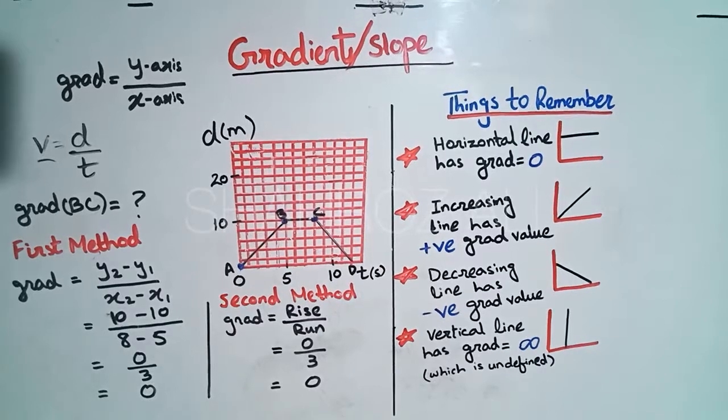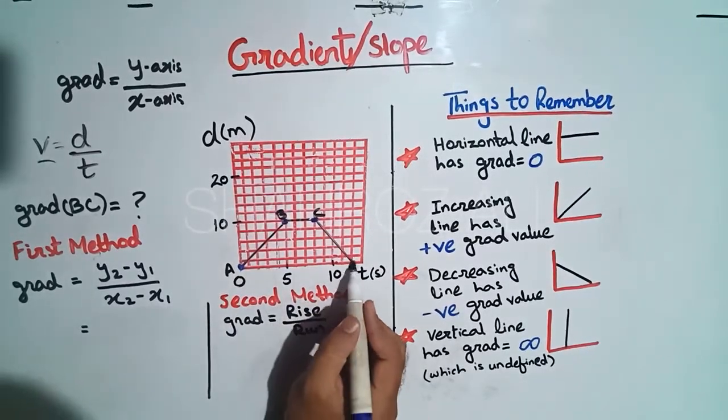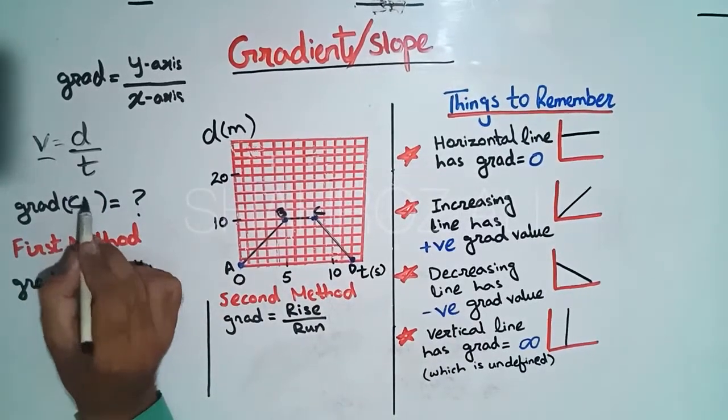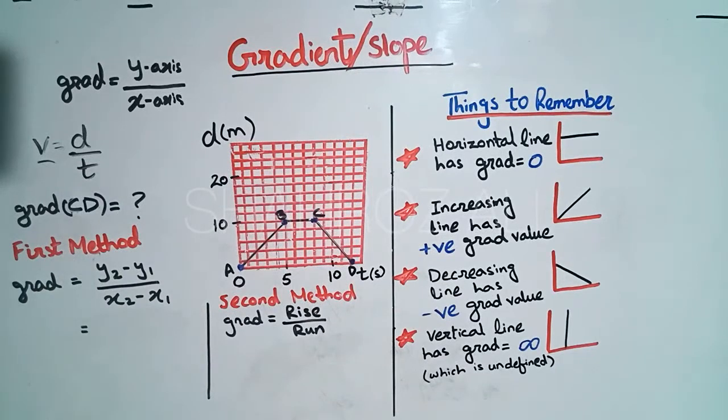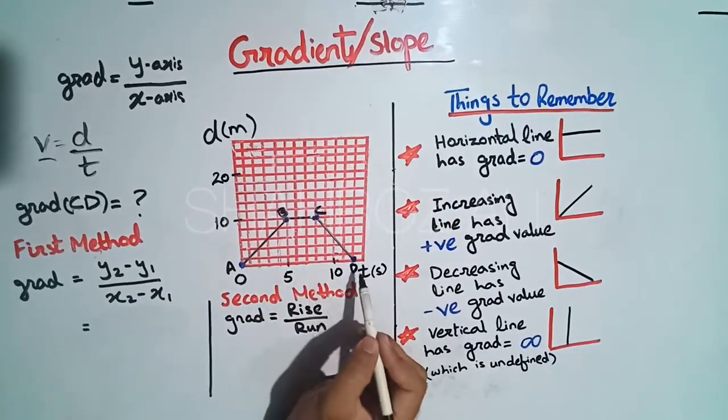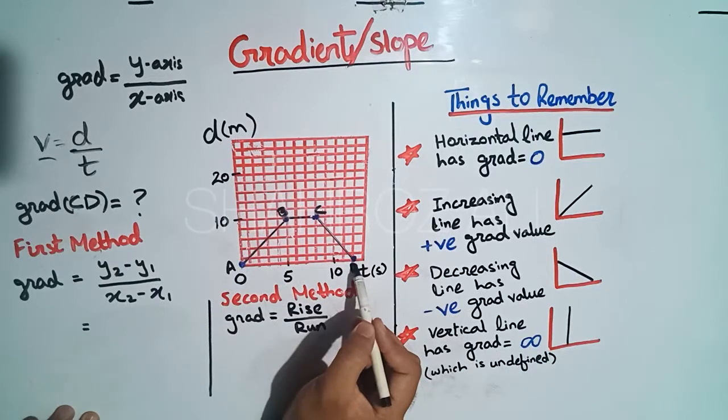Now let's calculate the third one, from C to D. This will be your first point C, and this will be your second point. Let me write here, gradient of C to D. From C to D you can get the value of y2.